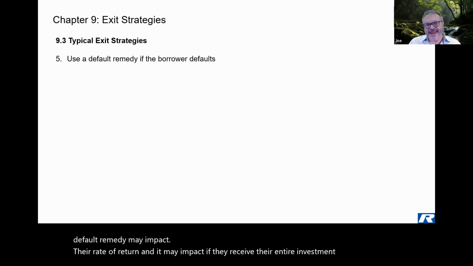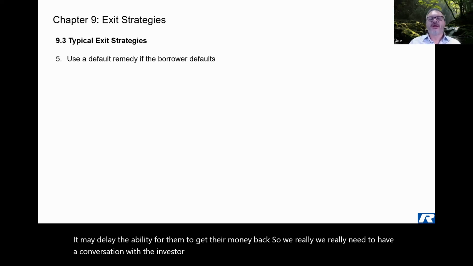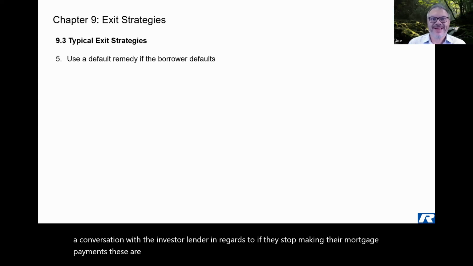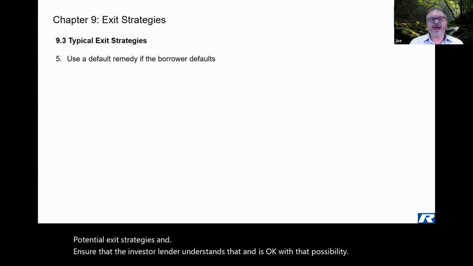It may delay the ability for them to get their money back. So we really need to have a conversation with the investor lender in regards to, if they stop making their mortgage payments, these are our potential exit strategies, and ensure that the investor lender understands that and is okay with that possibility.